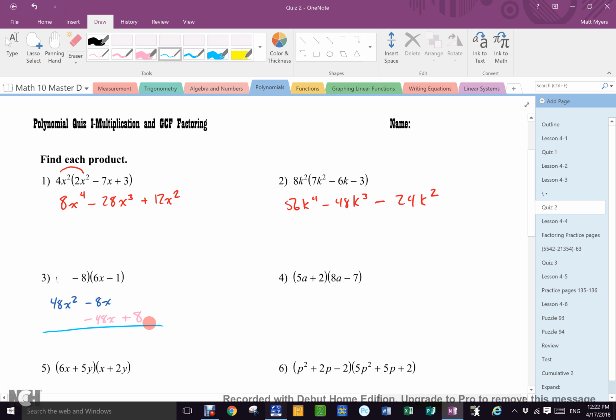Then you would gather it all up, and you would get 48x squared, negative 8 minus 48 is negative 56x, plus 8. Now here you can have some half marks because a bunch of you will have done this in your head, thinking that you can, and you will tell me that the answer is negative 40, which is not correct. So if you have something here that isn't 56, but you remember to distribute twice, you may still have full marks, meaning you get the whole 1. Right?